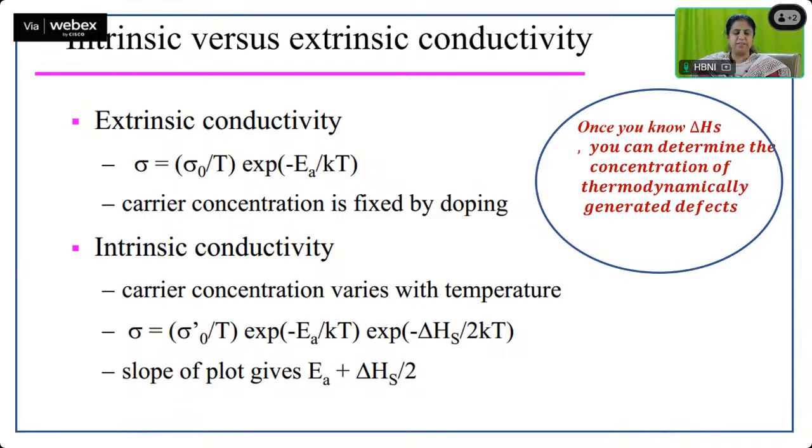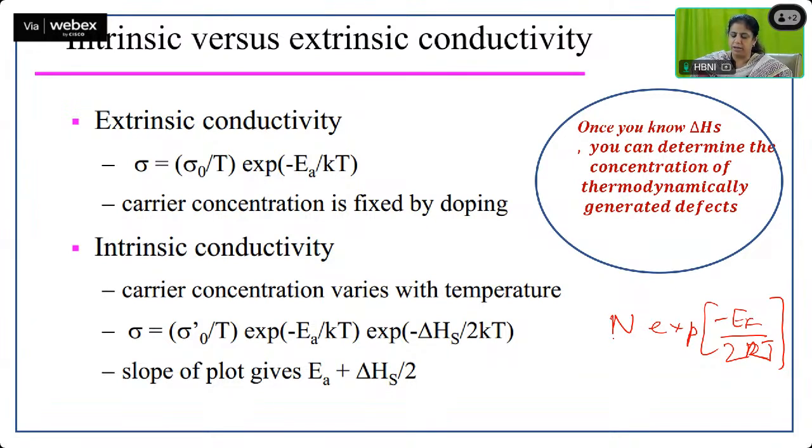If I get the energy required for the creation of a Schottky defect, then by the formula that we derived yesterday, let's say N is the total number of lattice sites, or you can take it as Avogadro's number, NS equals N exponential minus Ef by 2RT or 2KT, depending on whether you're taking one molecule or a mole.